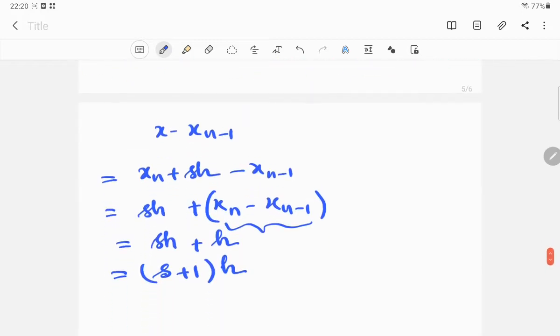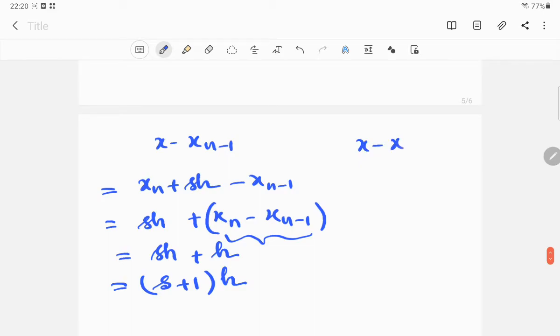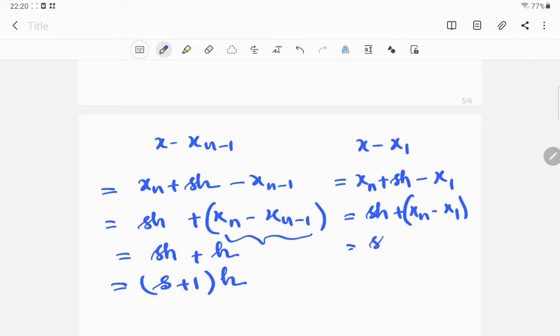Okay. Similarly we have in this term x minus x1, so x minus x1 is xn plus sh minus x1. So the gap between them will definitely be n minus 1, and it will be equal to h.